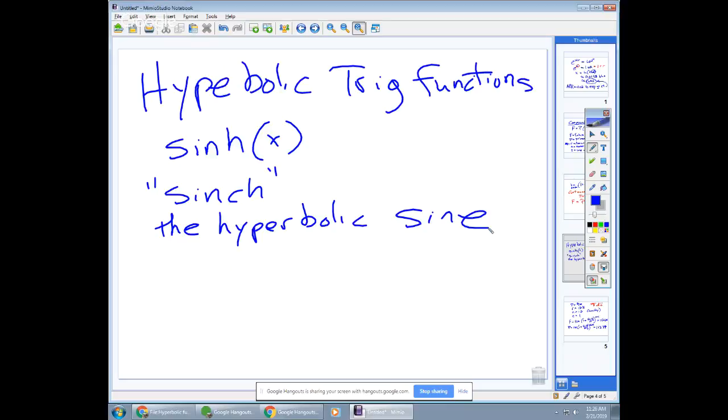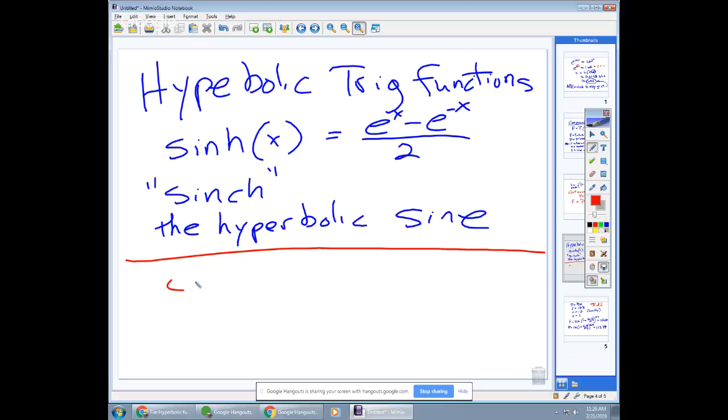And the definition of the hyperbolic sine is a fraction, e to the x minus e to the negative x in the numerator, divided by 2. That's the hyperbolic sine. There is also a hyperbolic cosine. That one's called cosh. And that one's very similar. It is e to the x plus e to the negative x over 2.